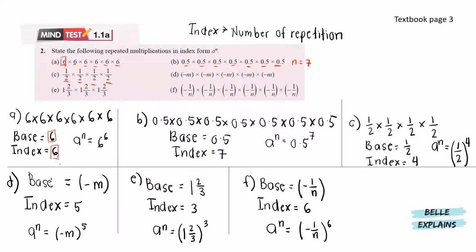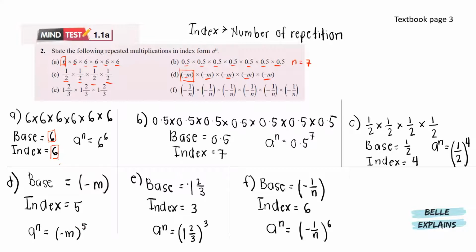For d, we have base negative m, this term is negative m, so we have negative m for base, and index will be 5 because 1, 2, 3, 4, 5 times. So a to the power of n will be negative m to the power of 5.